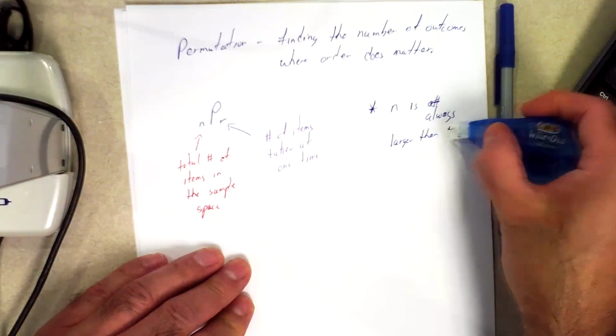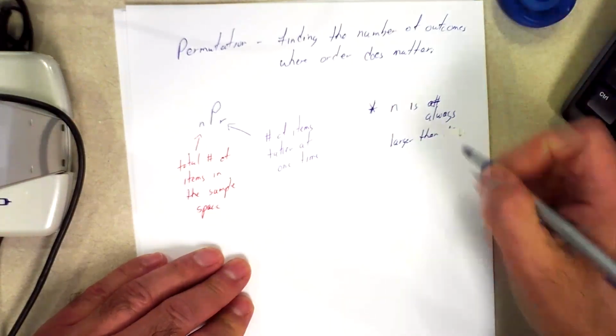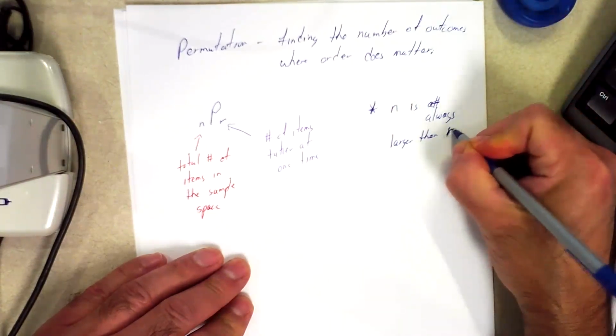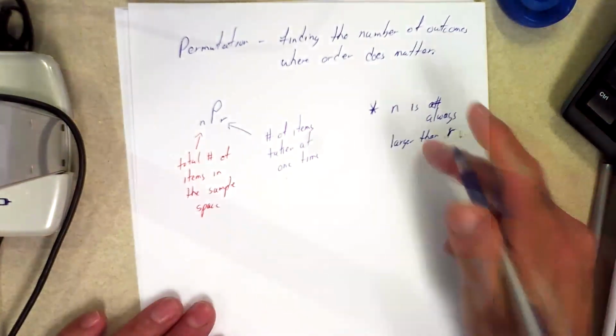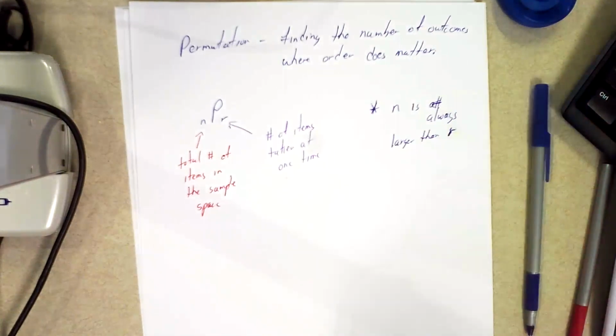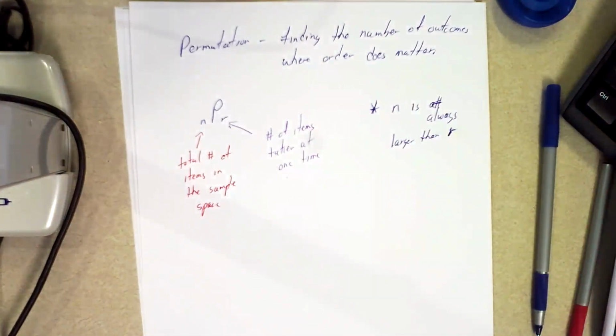Remember, the bigger number is always on the left side of the P. Bigger number, smaller number, always. If you have them backwards, you're going to get a weird answer. We'll show you a little bit.